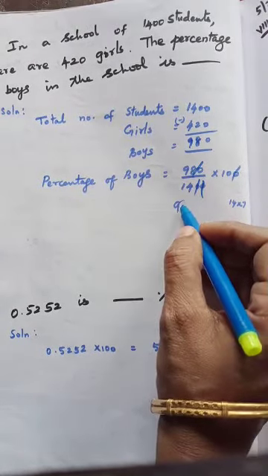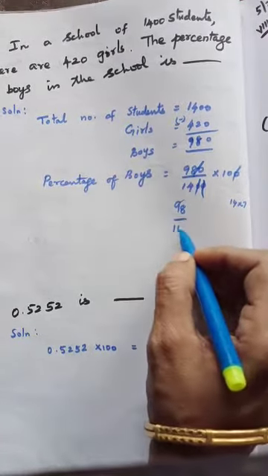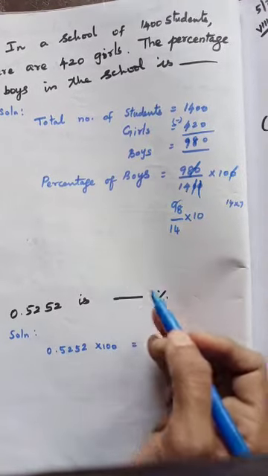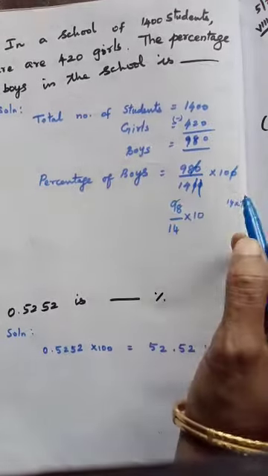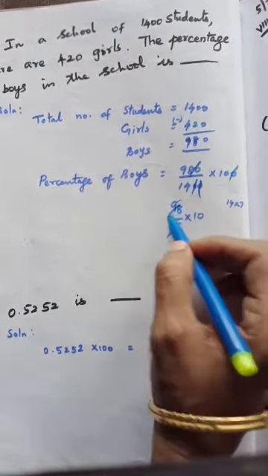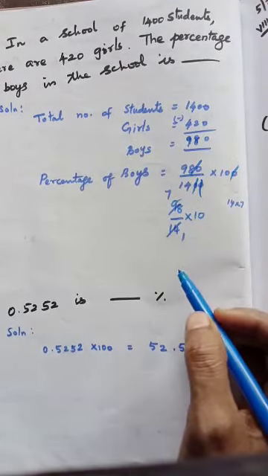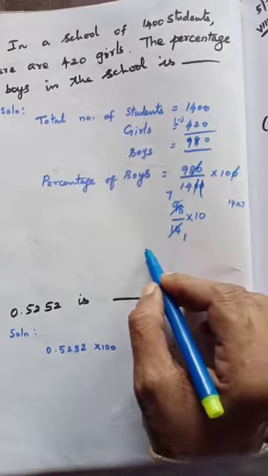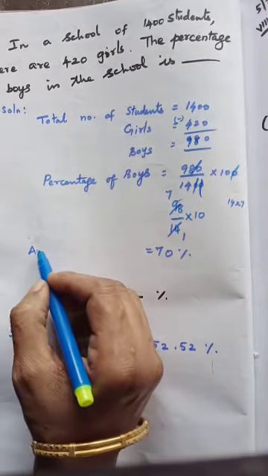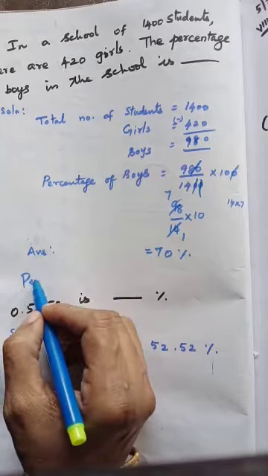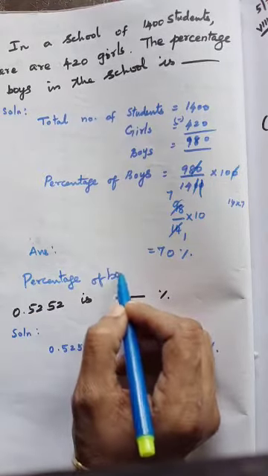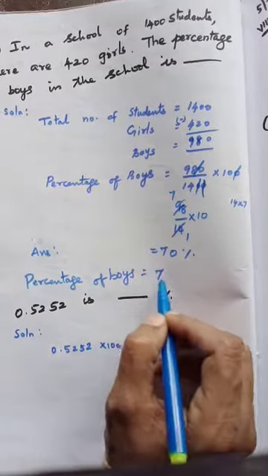Then 98 by 14 into 10. 14 sevens are 98. So 1 times, here 7 times. So the answer is 70%. So the percentage of boys is equal to 70%.